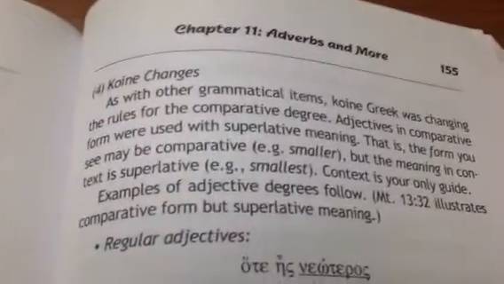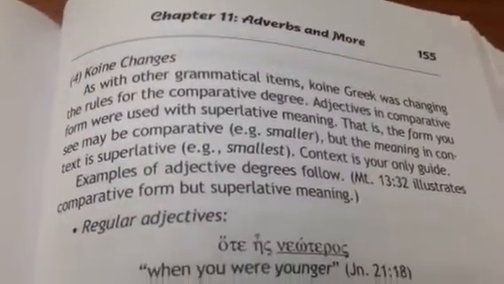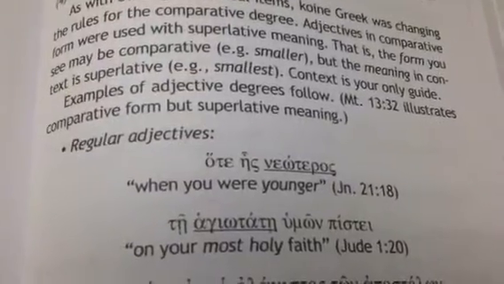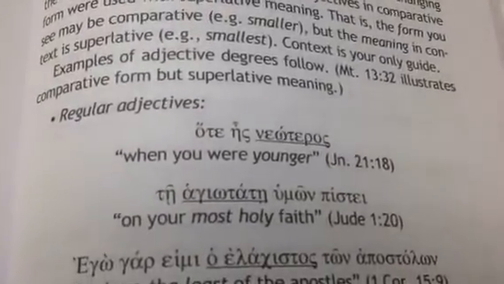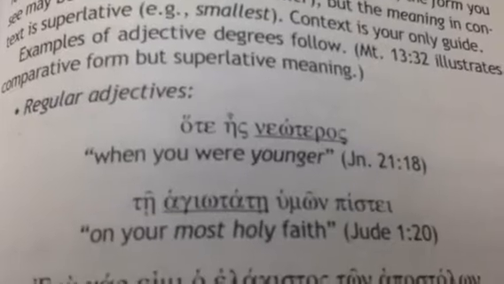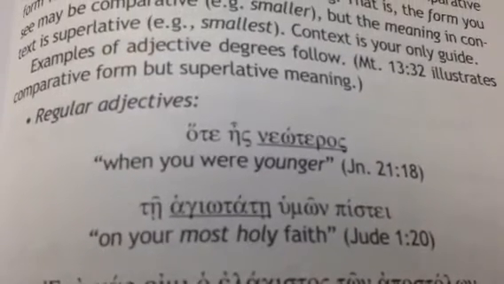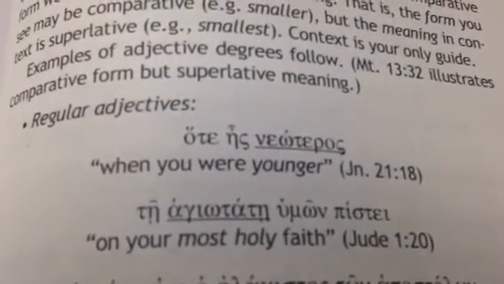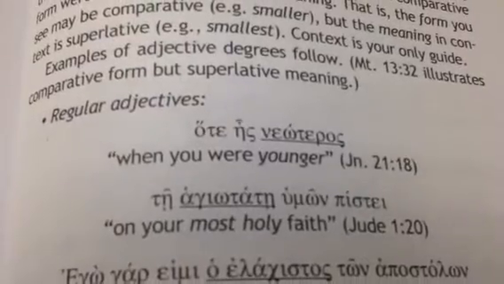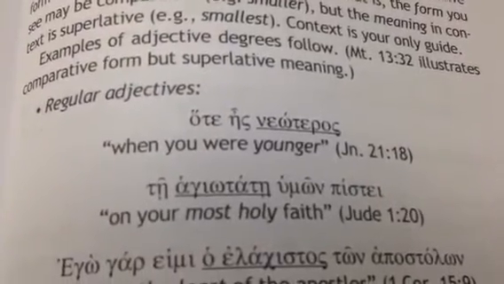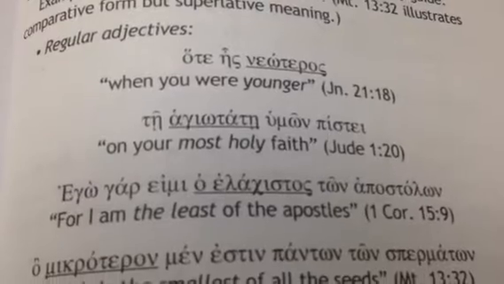So as Greek developed over time, they came up with some other ways to do this. So you have the regular ones, where you see they use the ending teros, or there are some ways to simply use words that were developed, like hagiotatos.